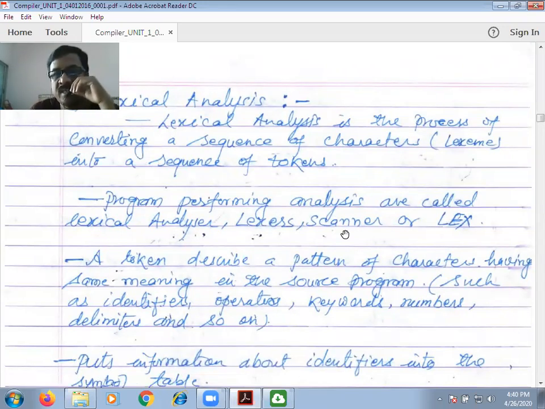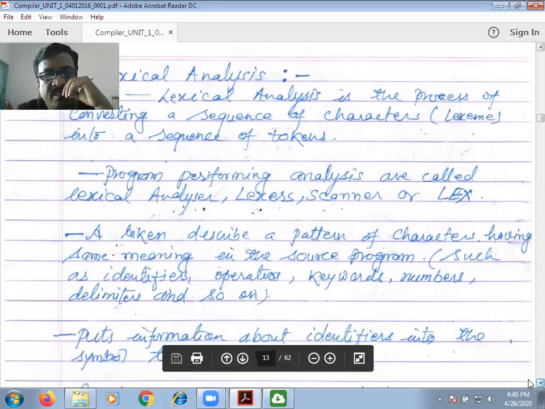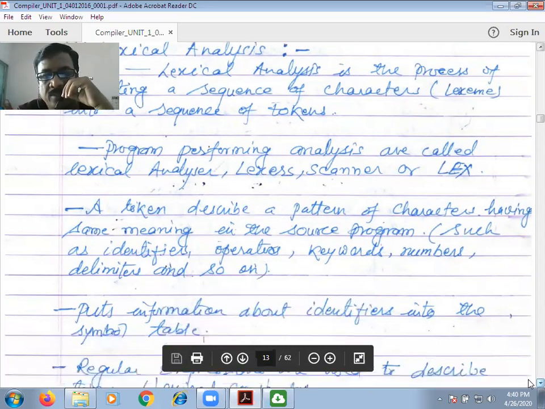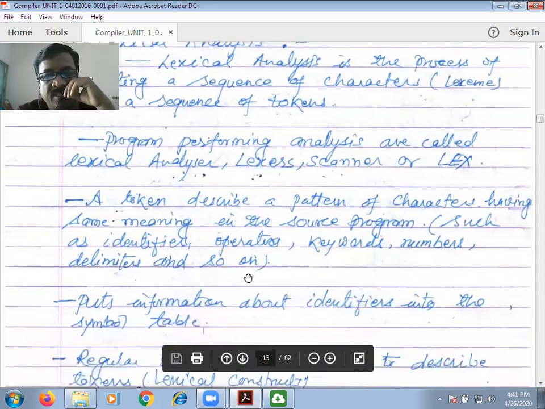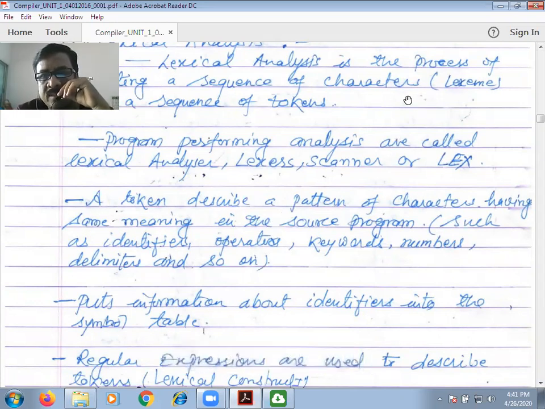A token describes a pattern of characters having some meaning in the source program, such as identifiers, operators, keywords, numbers, delimiters, and so on. That means the collective meaning of a pattern or character stream or lexeme is known as a token.